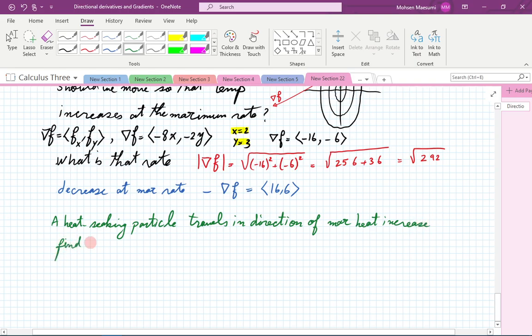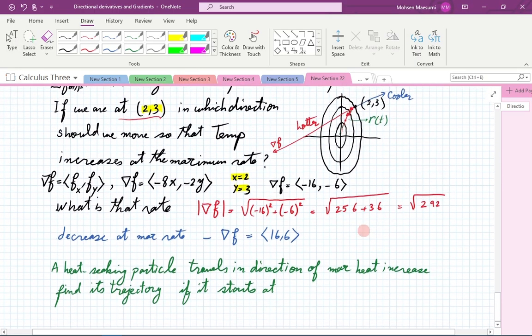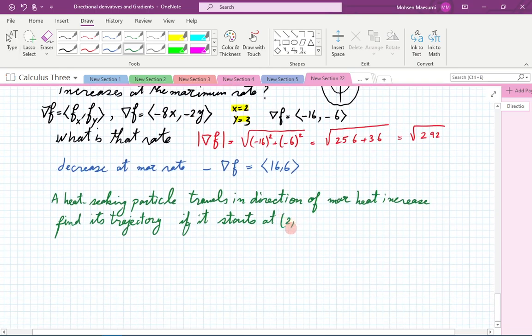Find its trajectory if it, say, starts at, let's take the same starting place, 2, 3. Okay, so this heat-seeking device is going to line itself up with the gradient of f so that it chases heat at the maximum rate.